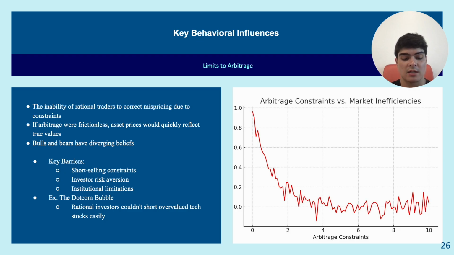Investors also face career risks. Fund managers don't want to risk going against market trends if it means underperforming in the short term. A historical case is the dot-com bubble, where tech stocks were massively overvalued, but rational traders couldn't easily short them due to these constraints. This allowed prices to stay inflated for years before the inevitable crash.